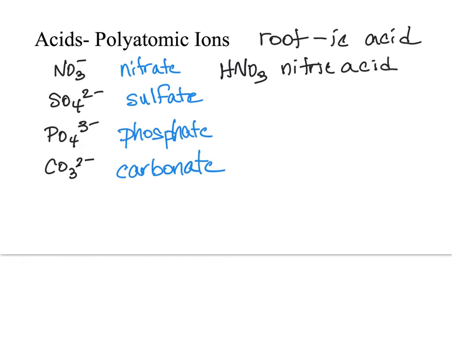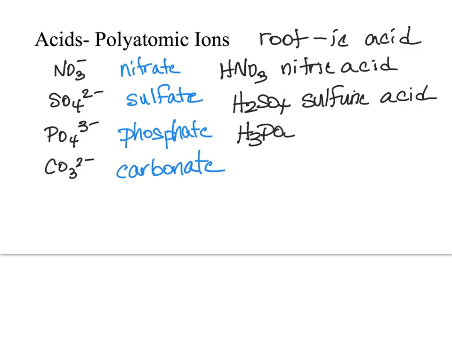Second one is H2SO4. This is sulfuric acid. H3PO4 is phosphoric. And you may say, how do I know if it's H2 or H3? And the way you know is from the charge.